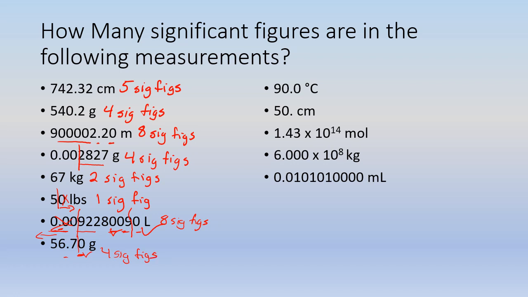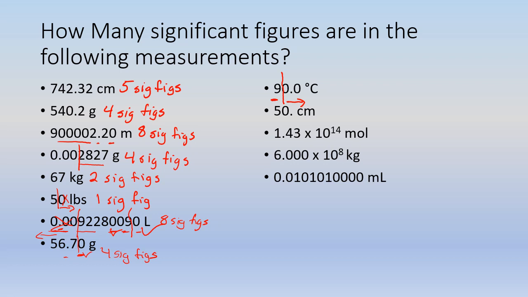On to the next, 90.0 degrees Celsius. So we do have 2 zeros here. We have one non-zero digit, the 9, and so these two would come after the last non-zero digit. The 9 is both the first and the last non-zero digit.